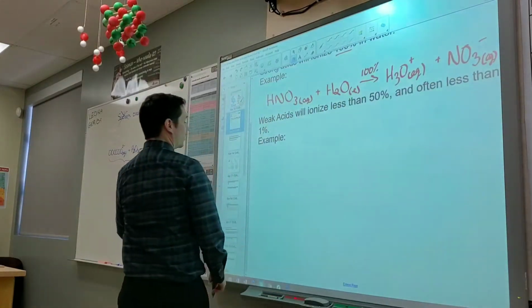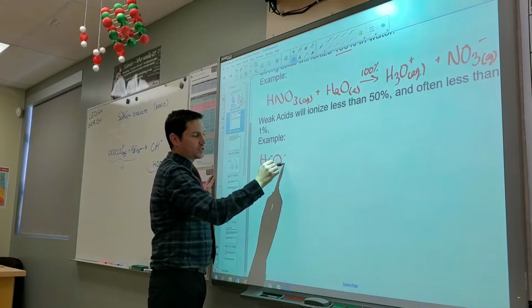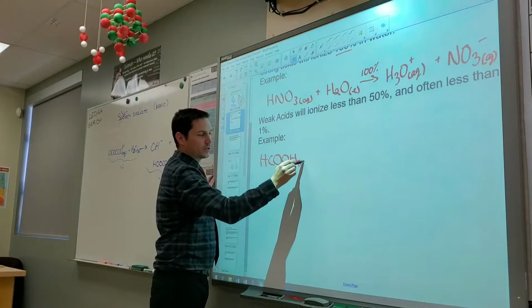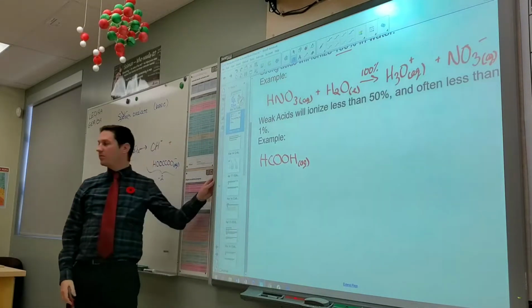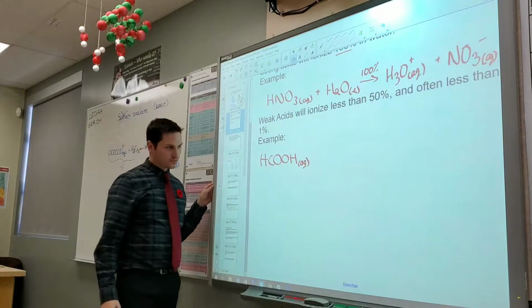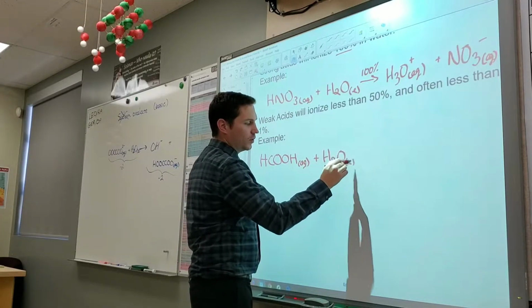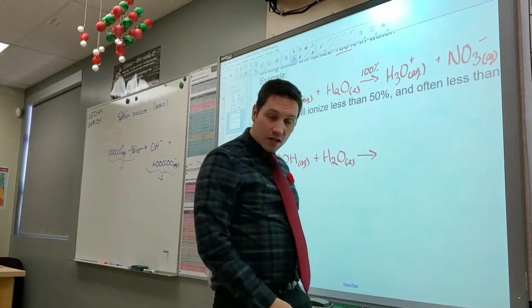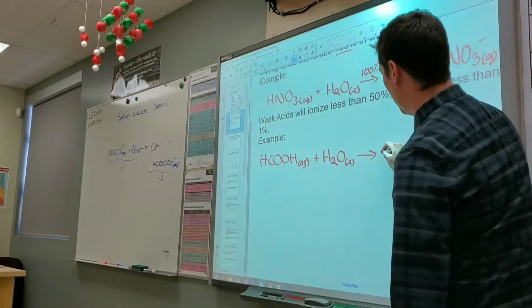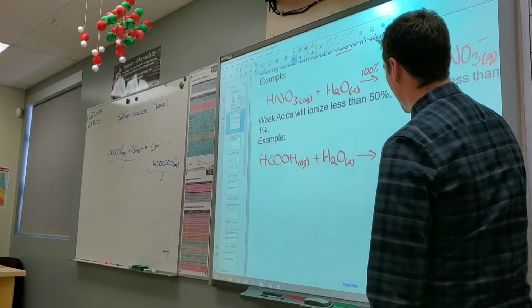So we're going to do formic acid, HCOOH. Could you spot this from a mile away as being an acid? Yes, totally. So this is for sure an acid. So it will react with water, and it will turn into H3O because it's an acid.